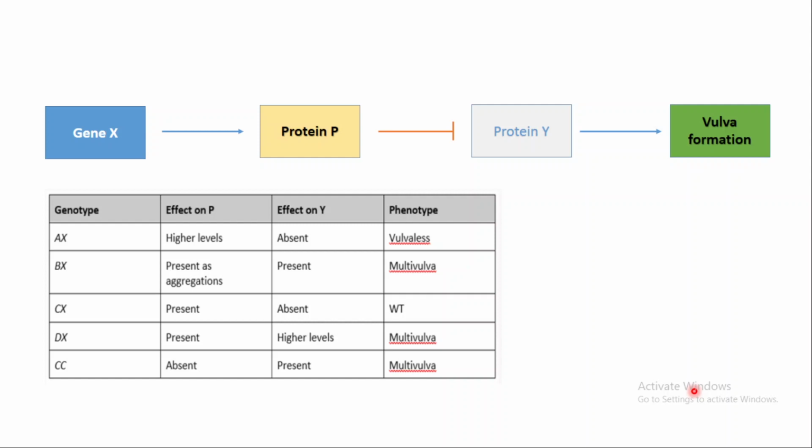You can study the effect on different proteins here and the phenotype that it shows and correlate with the definitions of these types of alleles. Antimorphic, hypermorphic, neomorphic, and recessive. Take your time and think about the answer. Let me know in the chat once you are ready. You can post it in the chat and I'll reveal the correct answer.